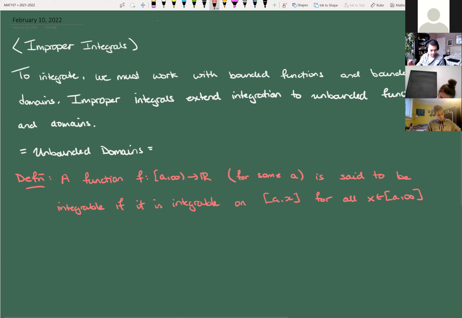So basically, it doesn't matter where you want to put the right endpoint. You can always do it and your integral makes sense.